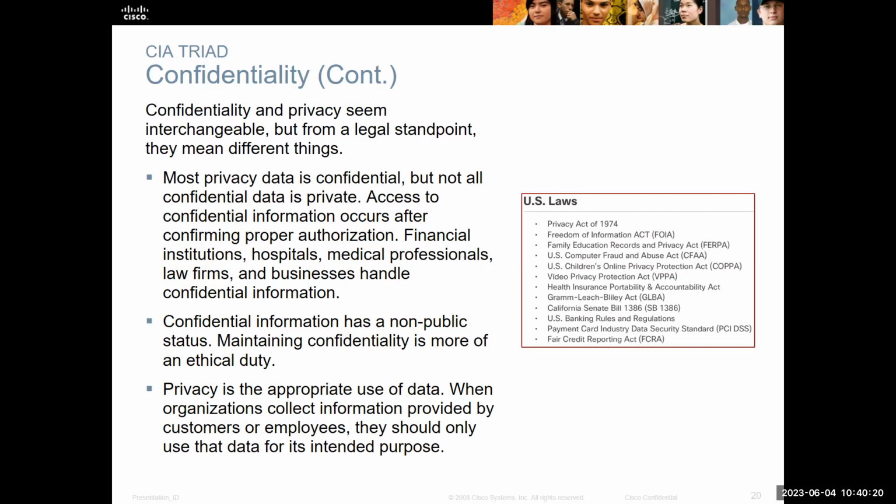Since it is from the internet, it's already public property. It's not confidential, and it's not private anyway. So we should be very, very careful about what we share on the internet, especially nowadays.